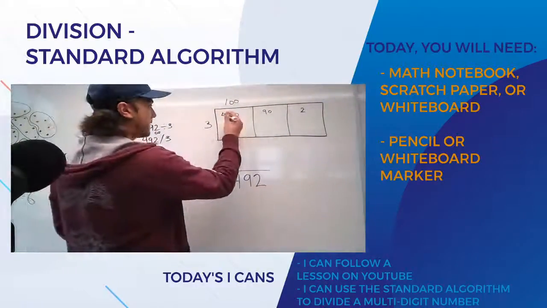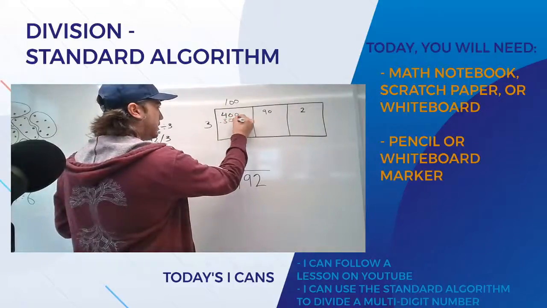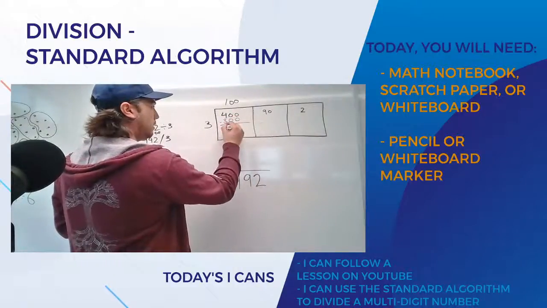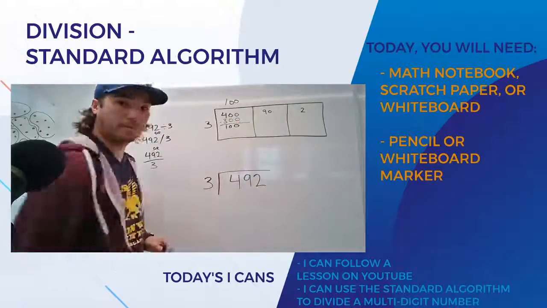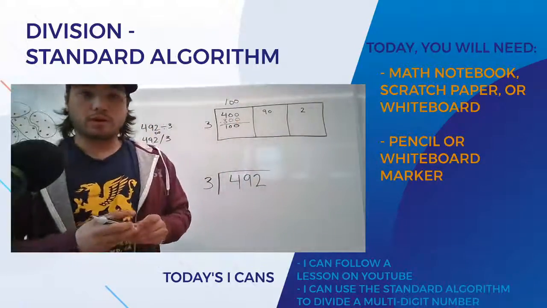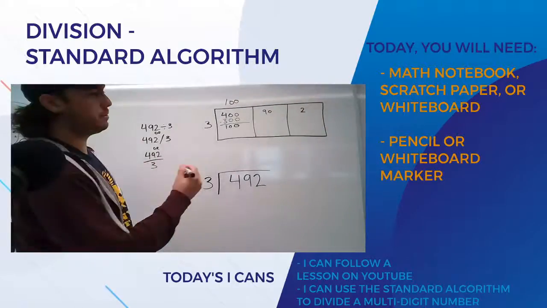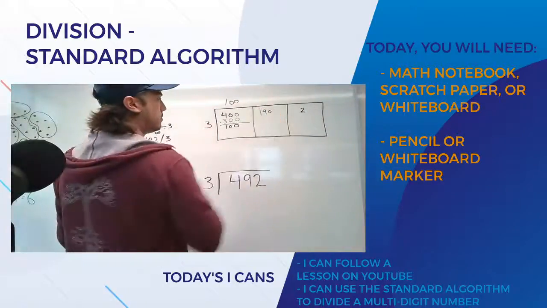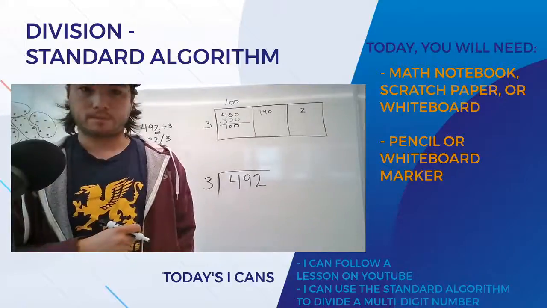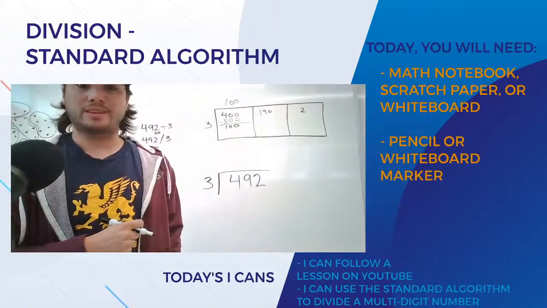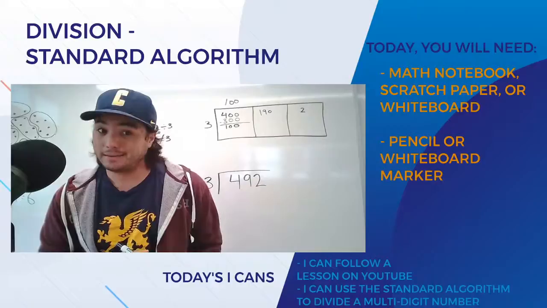So we're going to subtract that 300. 400 minus 300 equals 100. And then we're going to move it and add it to our tens. So 100 plus 90 is 190. Now, the other way we can say 190 is 19 tens.